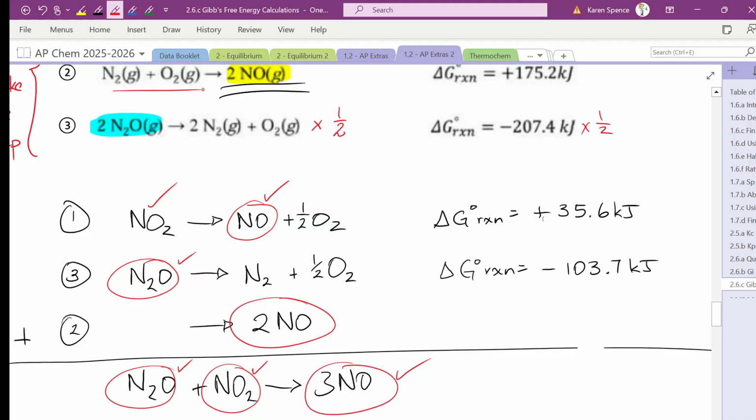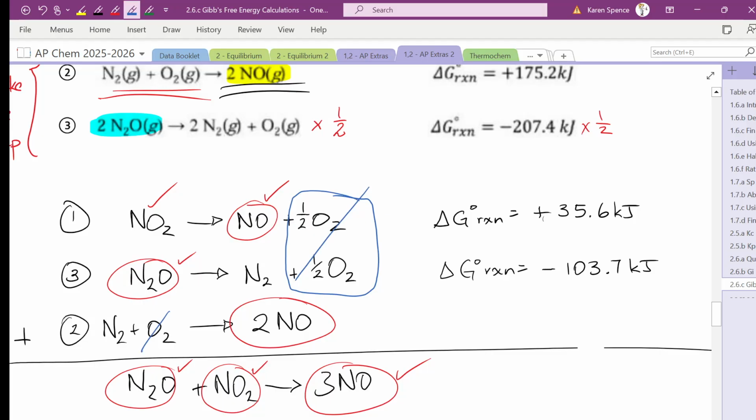And then let's just put the front part of that on there. So we've got N2 plus O2. And by golly, everything that needs to cancel out, because 1 O2 needs to cancel out, right, to get the overall.